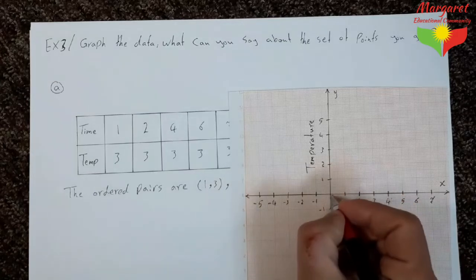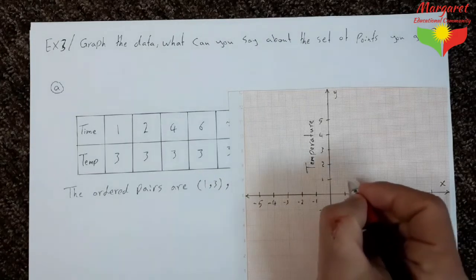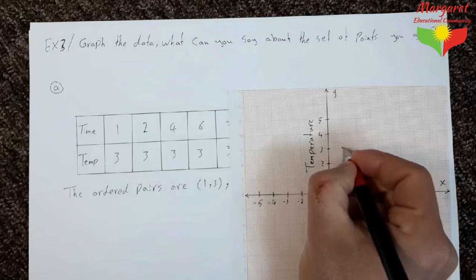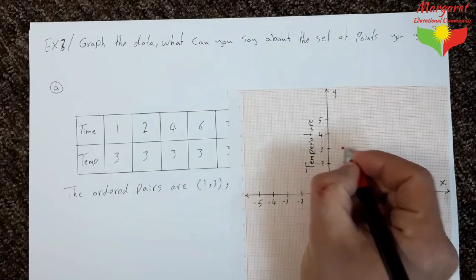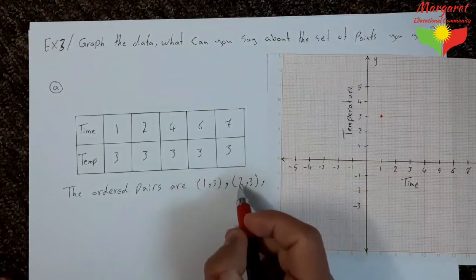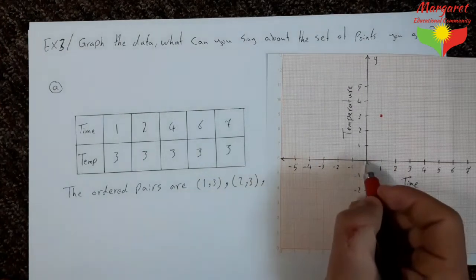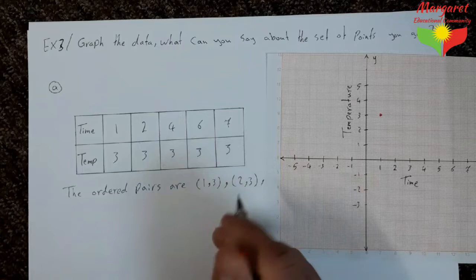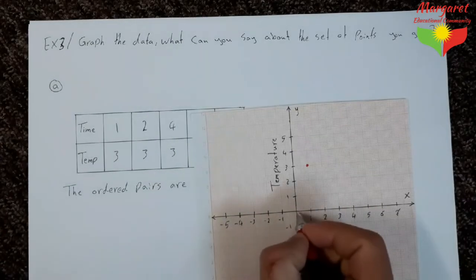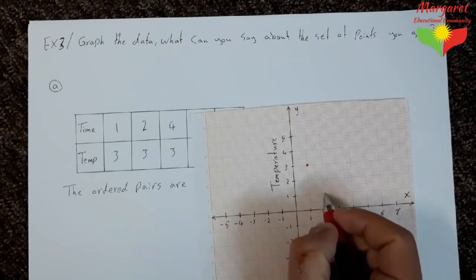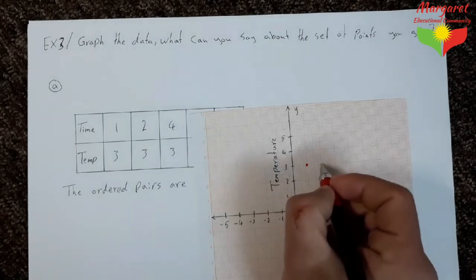So you have 1 and 1, 2, 3. And to plot the point 2, 3, start at the origin and move 2 units to the right and 3 units up. So you have 1, 2 and 1, 2, 3.